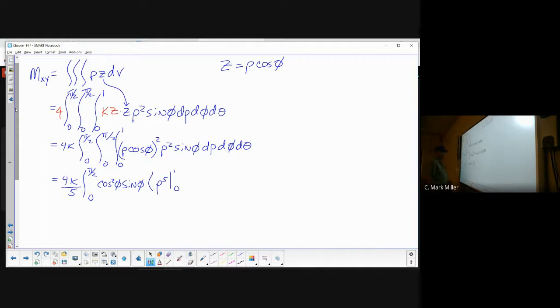And so we have another integral in here, 0 to pi over 2. That did not look right. My mistake.